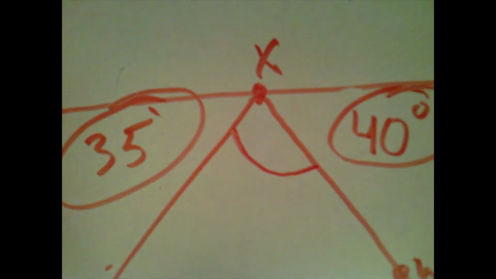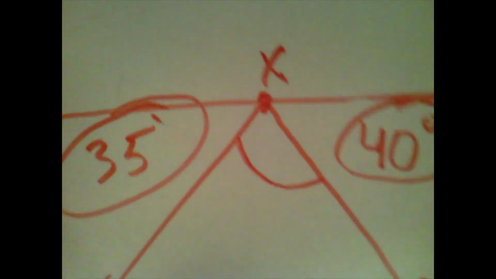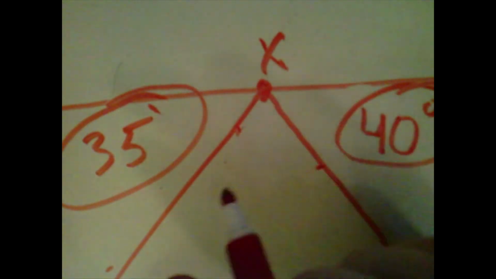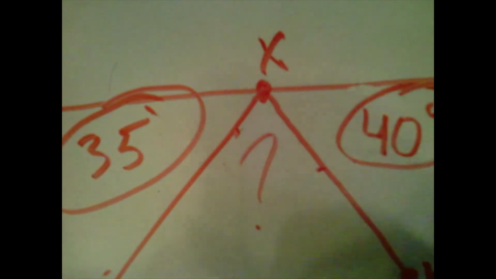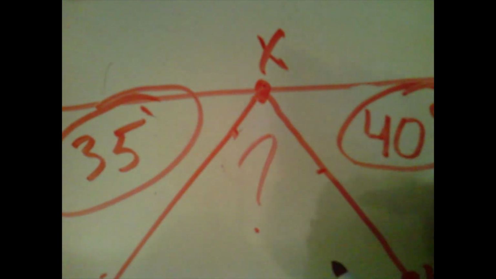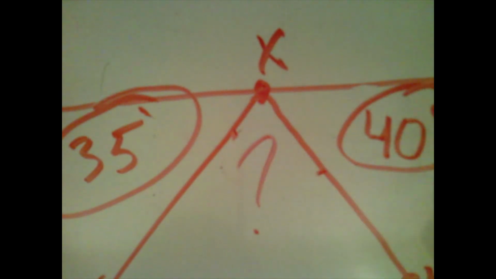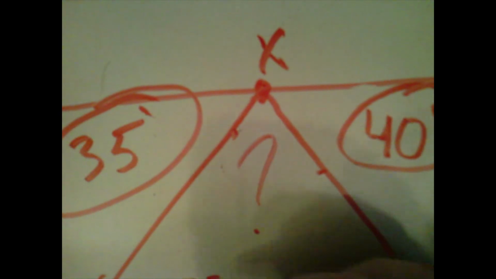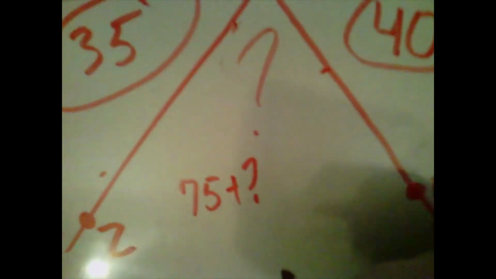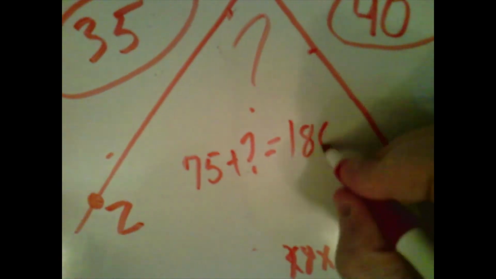Lastly, all of these angles added together is equal to 180 degrees. Okay? So 35 plus 40 plus whatever this is equal to 180. Well, 35 plus 40 is 75. So 75 plus question mark equals 180.